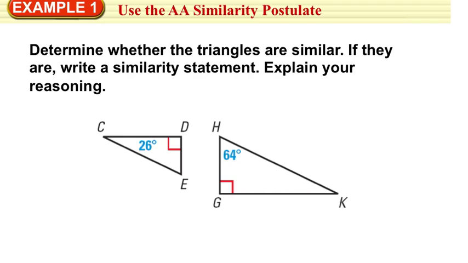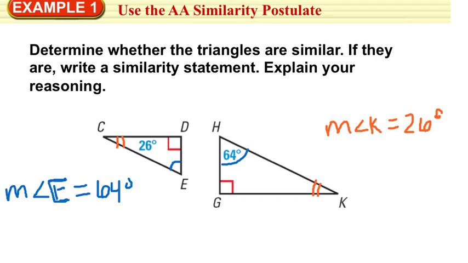In our first example, we're going to try to show that the triangles are similar. First of all, you want to observe that we have missing angles in both of the triangles, and we can easily find those missing angles by subtracting from 180. So let's go ahead and do that.